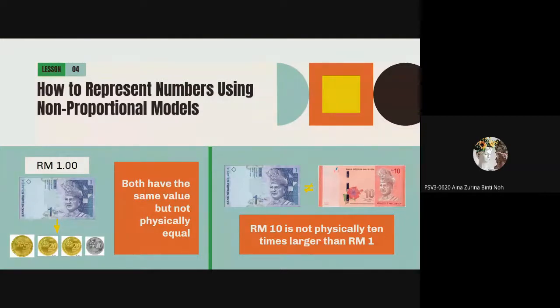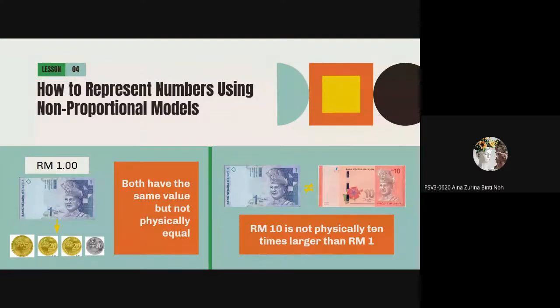Okay, I will continue from Ain Yasira. So for the non-proportional models, how to represent numbers using them. In the topic of money, the teacher will compare the 1 ringgit note with the 1 cent coin, but it doesn't mean that both are physically equal, although they have the same value.